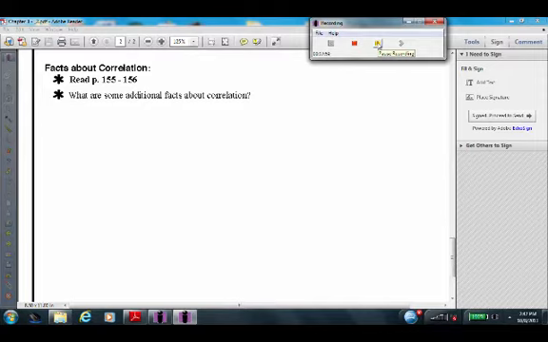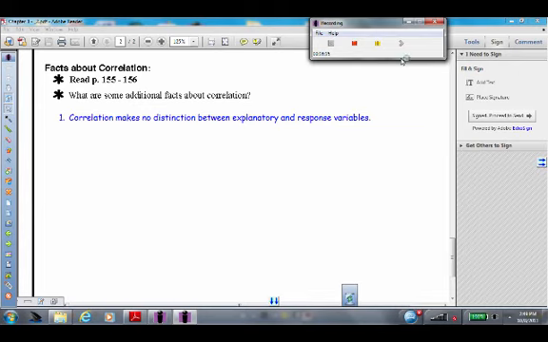These are some facts about correlation. How correlation behaves is more important than the details of the formula. There are some things that you need to know in order to interpret correlation. First of all, correlation makes no distinction between explanatory and response variables.